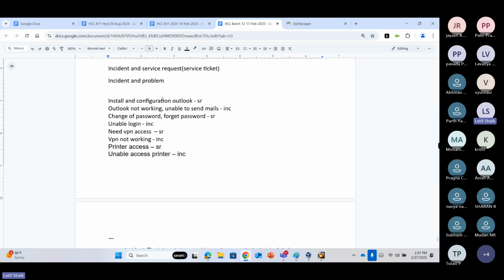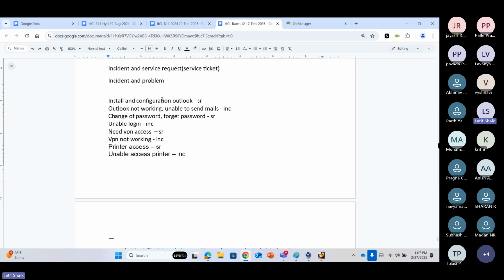I send a request to my service desk, and they will support me either remotely or directly to install and configure Outlook, right? From the service desk people, installation is done, configuration is done, working good, happy, right?